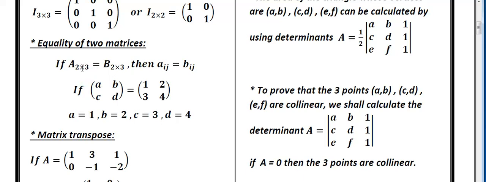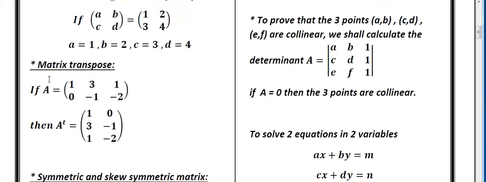It's important to know that to find the multiplication of two matrices, the number of columns of matrix A must equal the number of rows of matrix B. But if two matrices are equal, then the corresponding elements will be equal, such that a equals 1 and b equals 2 and c equals 3 and d equals 4.